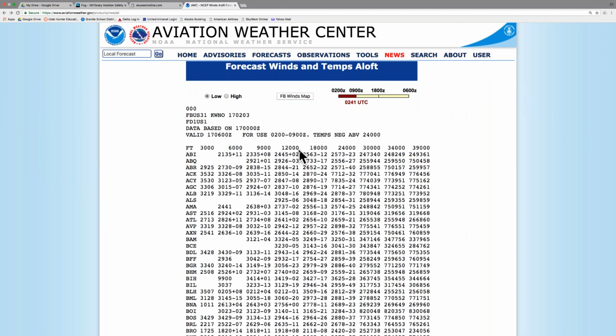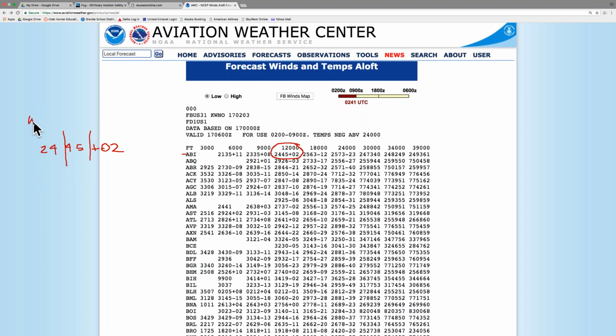Okay. So right now we're talking about the winds and temperatures at 12,000 feet at ABI. So we break these off into pairs, and then a +02. So what this is telling us is the current wind direction.